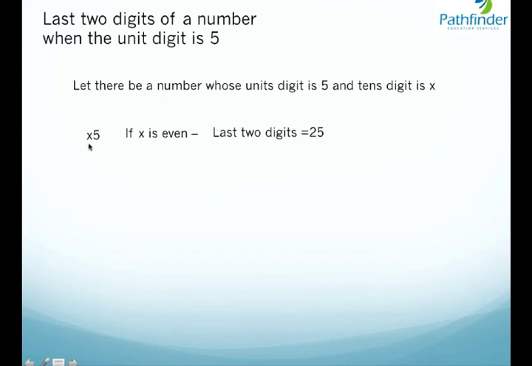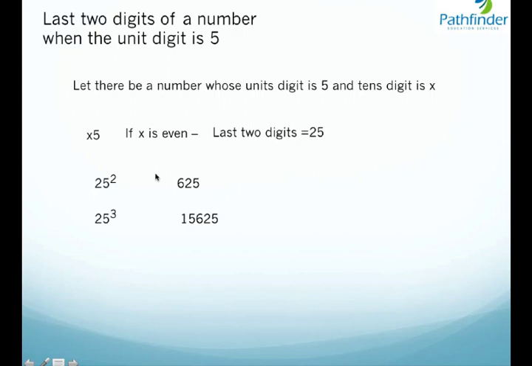So if x is even like 2, 4, 6 or even 0, then the last two digits will always be 25. For example, 25 square, now this 2 is even, so we get 25 as the last two digits.